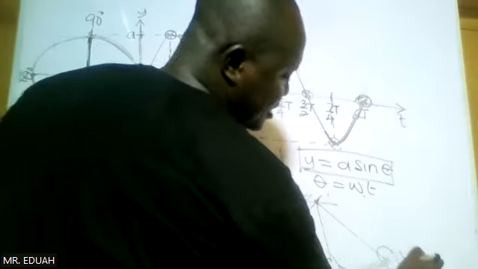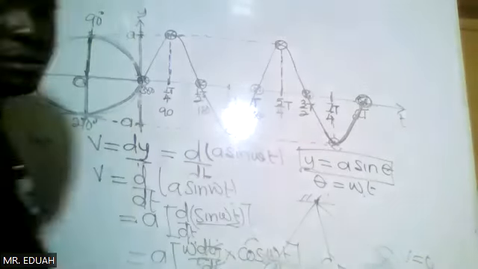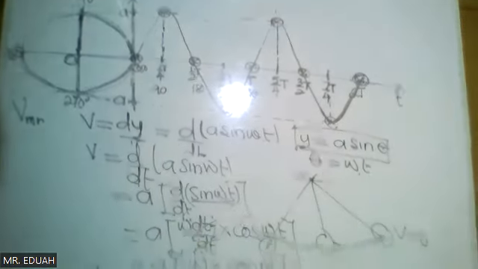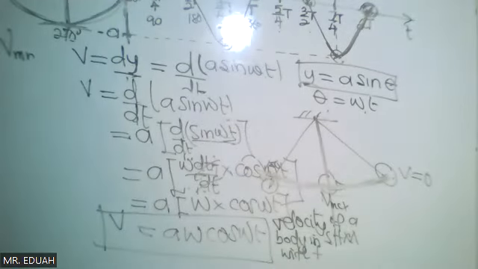At the extremes, at the amplitude, the velocity is zero. Velocity is zero here at the extreme. Now, velocity is maximum at the mean point. So V is maximum. Are we okay?